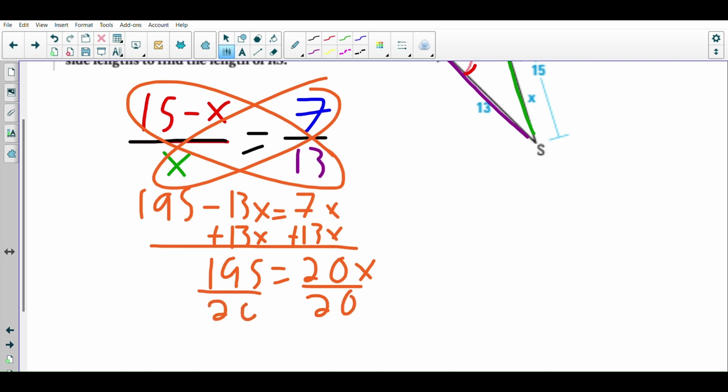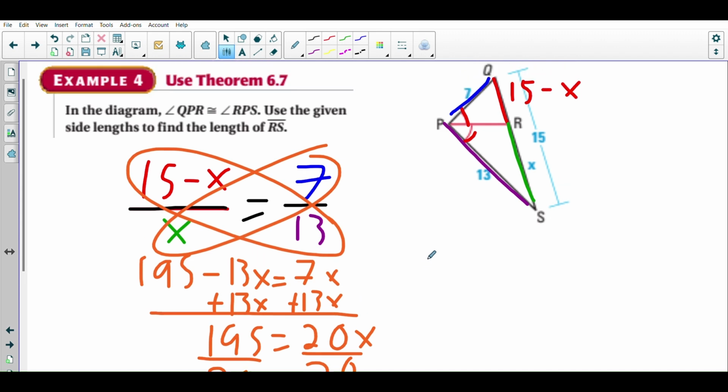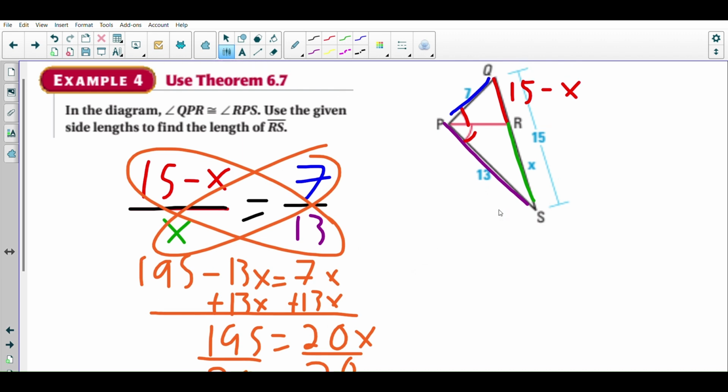Divide both sides by 20, so x is equal to 9.75. Remember, we weren't just looking for x, we were looking for the length of RS, so it's 9.75.